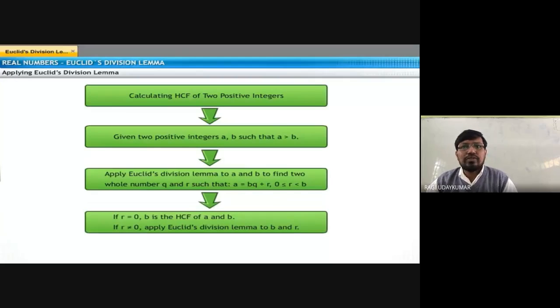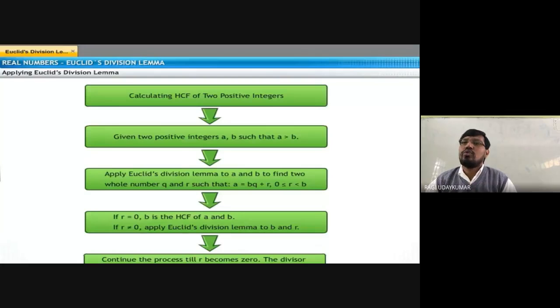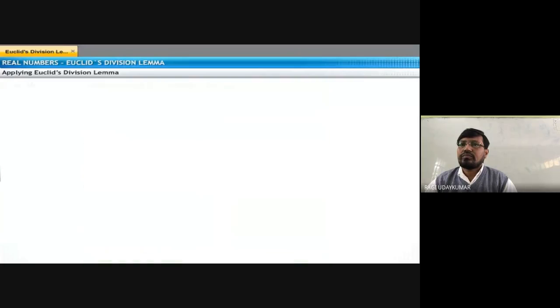If r is equal to 0, then b itself is the HCF of a and b. If r is not equal to 0, apply the Euclid division lemma to b and r, and continue until you get r equal to 0. You should go on dividing them.